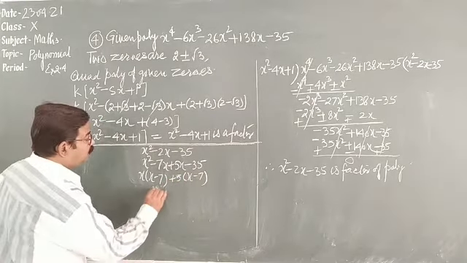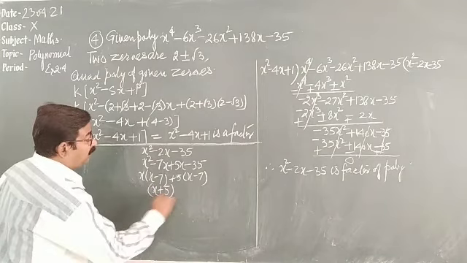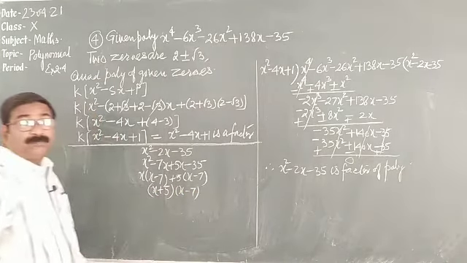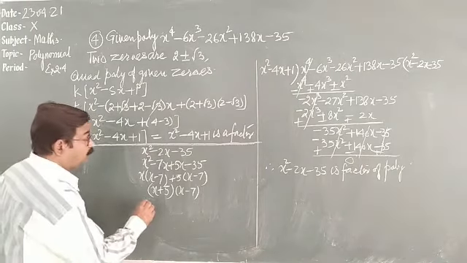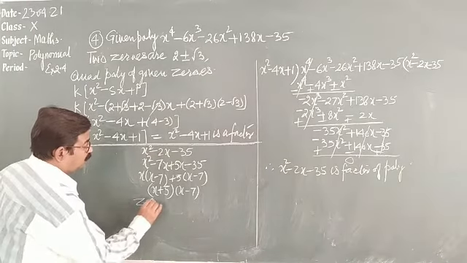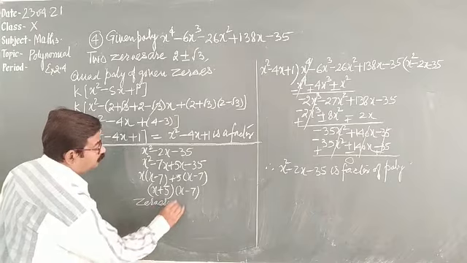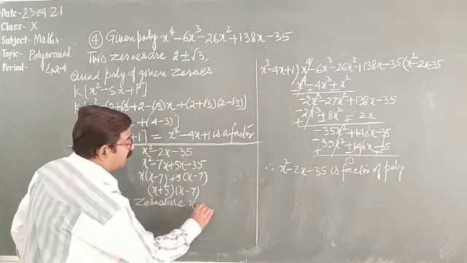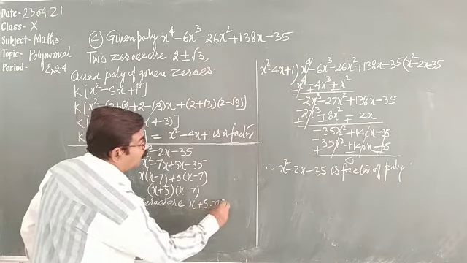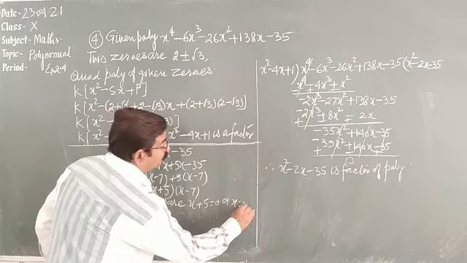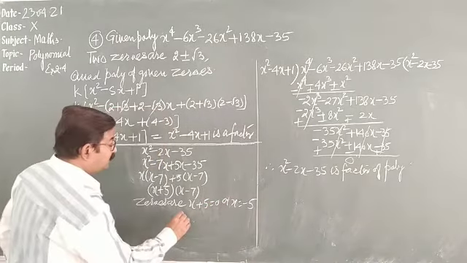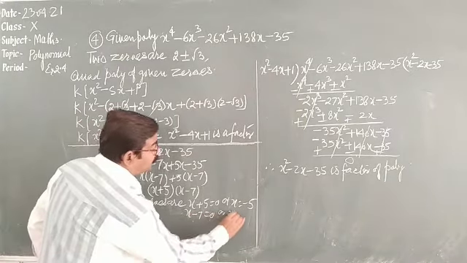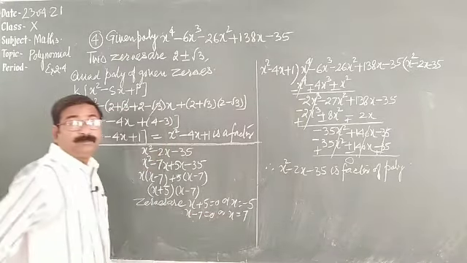So x plus 5 and x minus 7. Now zeros are: x plus 5 is equal to 0, or x is equal to minus 5, and x minus 7 is equal to 0, or x is equal to 7.